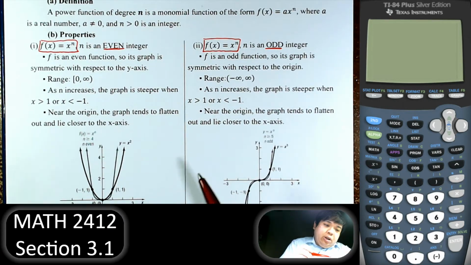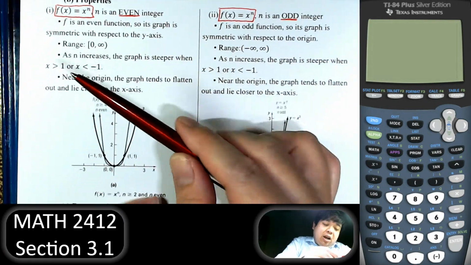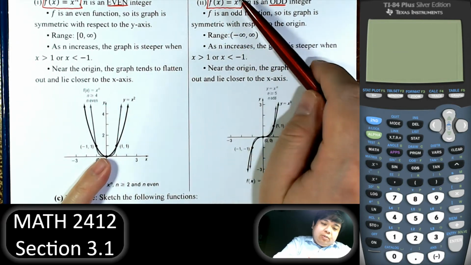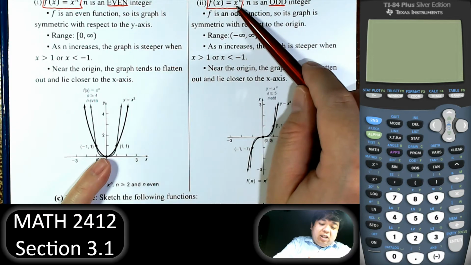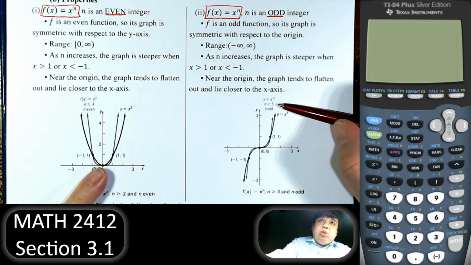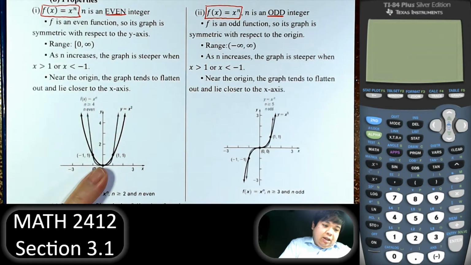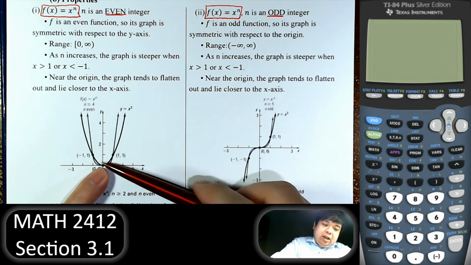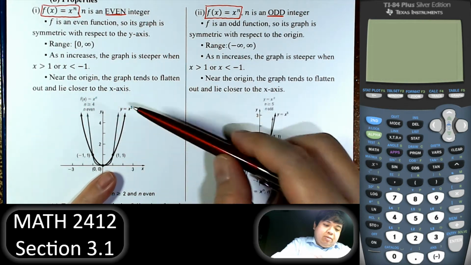The range, if it is just x to the n with n even, will go from 0 to infinity. For x to the n, when n is odd, the range is from negative infinity to infinity. And the graph will be steeper when x is greater than 1 and x is less than negative 1.